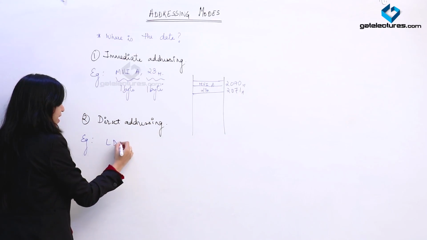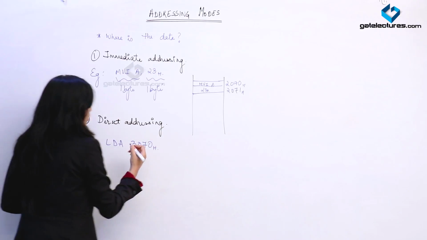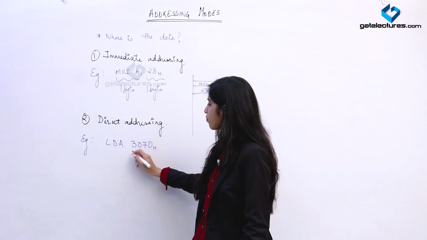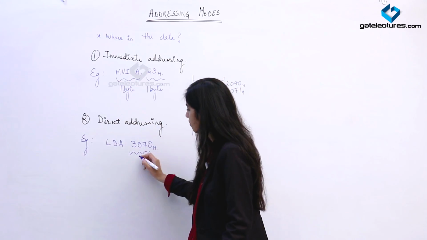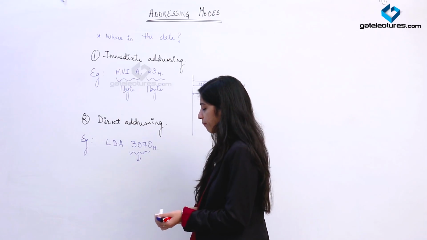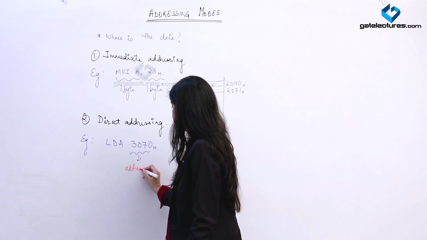For example, you're giving an instruction LDA 3070H. What have we given? We have given the memory address of the data.